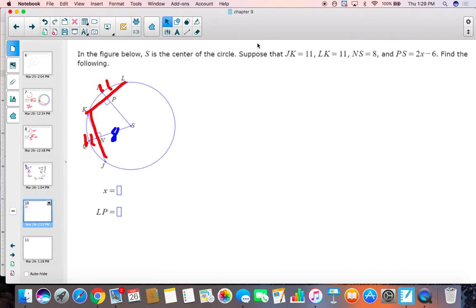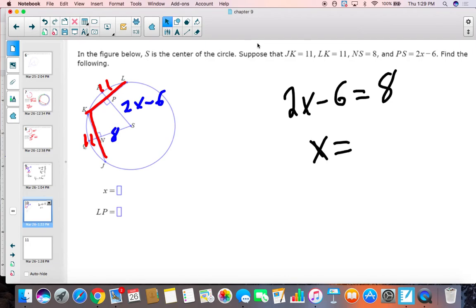And PS, 2x minus 6. So same thing. Set up your equation. 2x minus 6 is equal to 8. That means x is equal to 7. And it looks like these are the same exact answers as the last one.